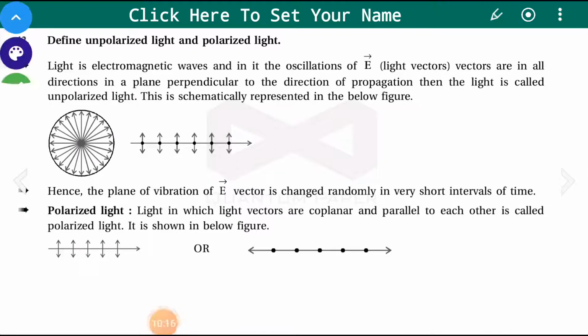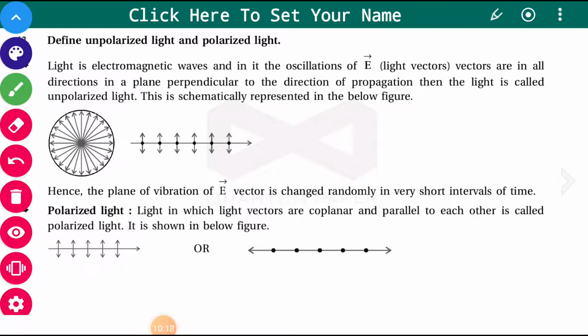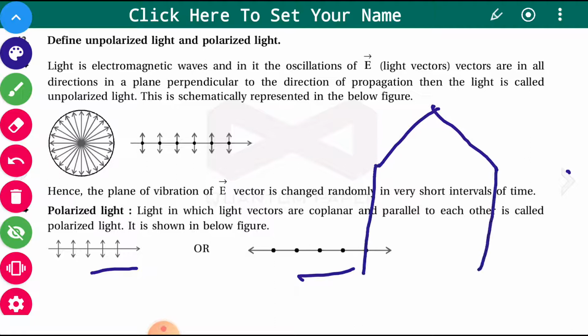Now polarized light can be obtained with the help of some crystals. Tourmaline is the name of one naturally occurring crystal through which polarized light is obtained. Say for example, this is the tourmaline plate, or the crystal of tourmaline, and this is the optic axis.